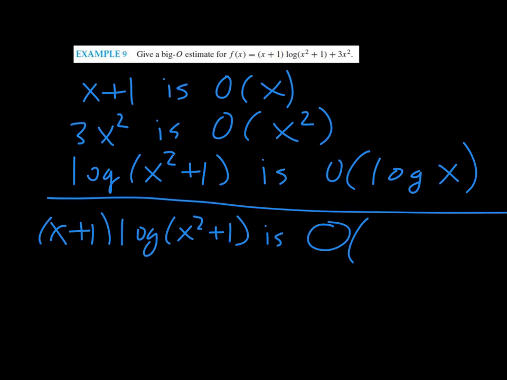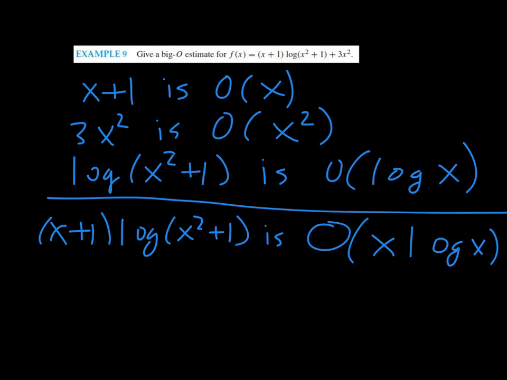So big O of x, because x plus 1 is big O of x, multiplied by log of x, because log of x squared plus 1 is big O of log of x.